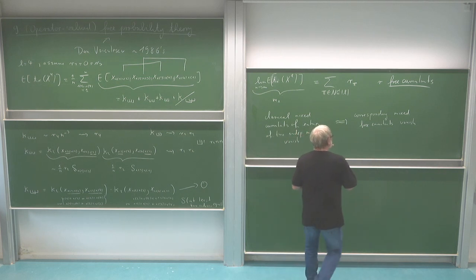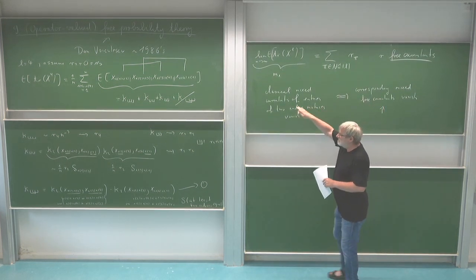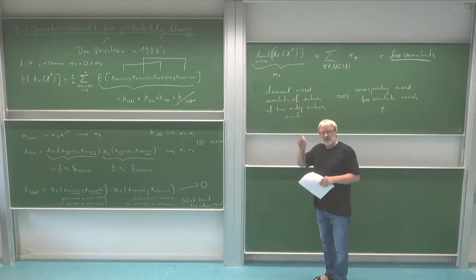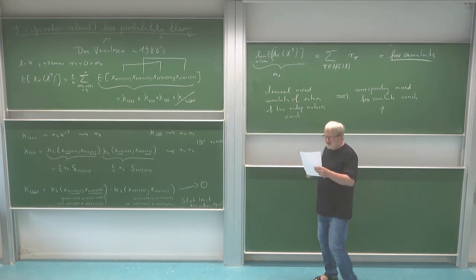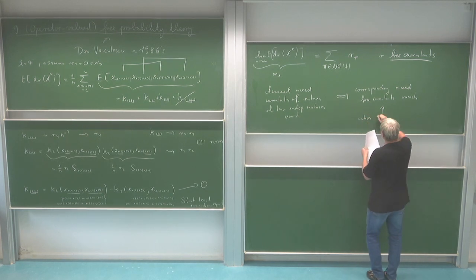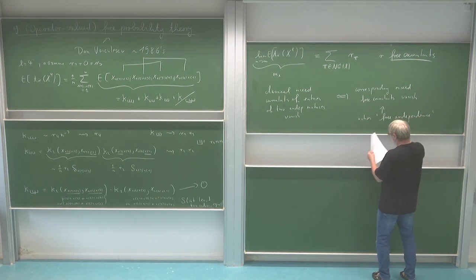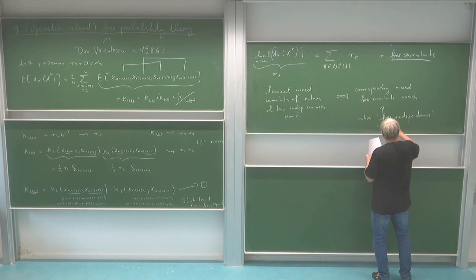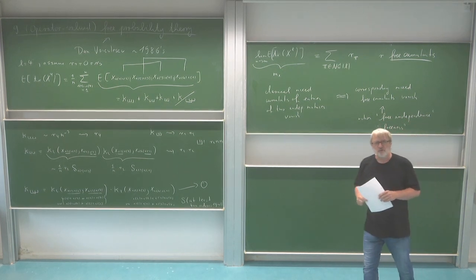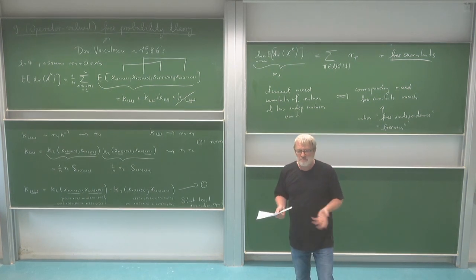So this here, which is given in the limit of such independent random matrices, is called free independence. Or maybe just freeness.